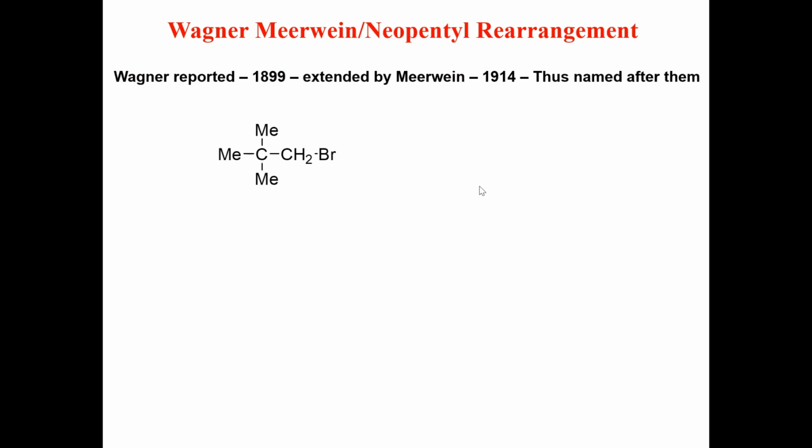Here, I take tertiary butyl bromide and make it undergo hydrolysis under SN1 conditions. I'll get 2-methyl-2-butanol instead of tertiary butanol. This is because of this Wagner-Meerwein rearrangement.